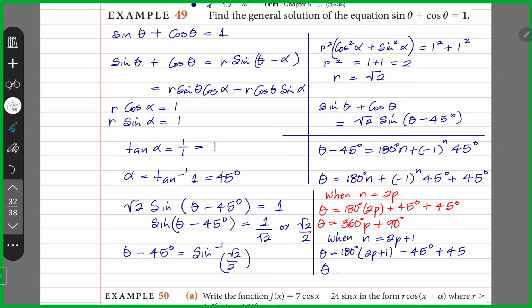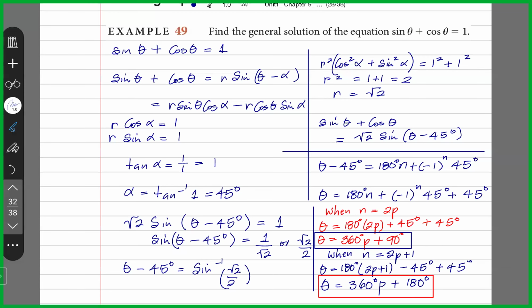So theta would be equal to 360 degrees p plus 180 degrees, because minus 45 plus 45 is going to be 0, and p is just an integer. All right. So these are my answers.